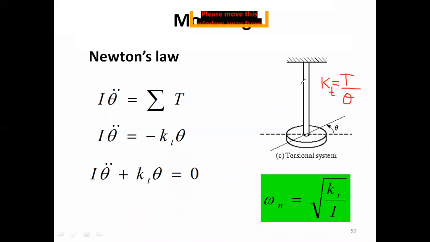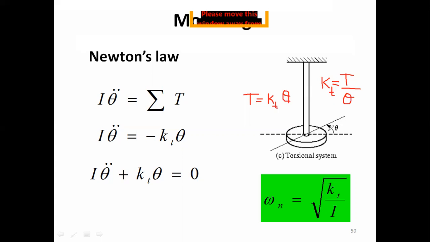So here, by this equation, this torque would be equal to K subscript T, torsional stiffness, times the angular deformation or displacement theta. So this is the restoring torque of this rod. This is the torque which is produced in this rod because of this theta.